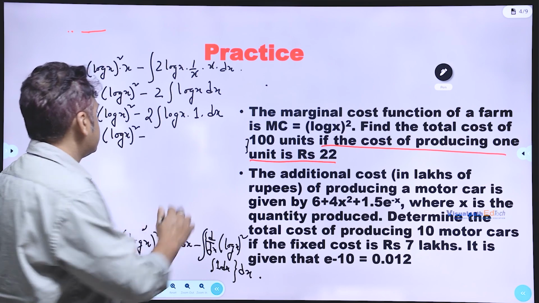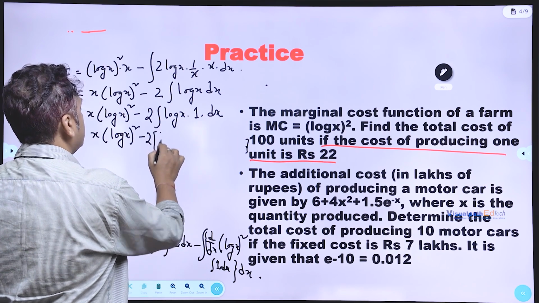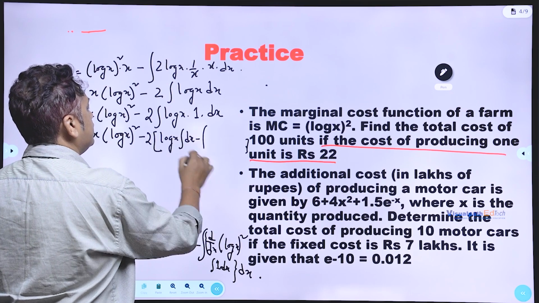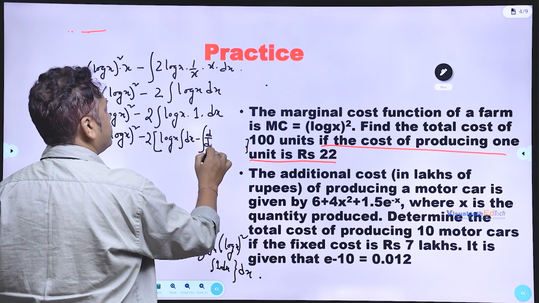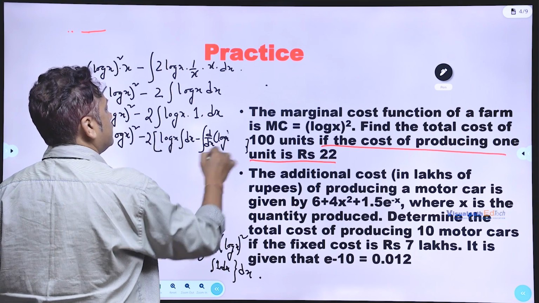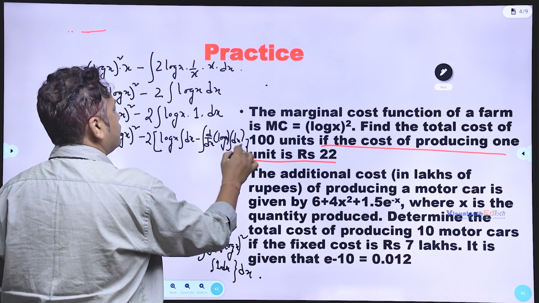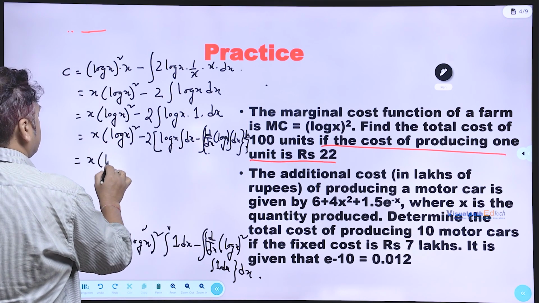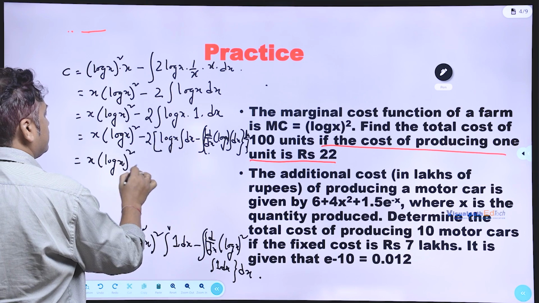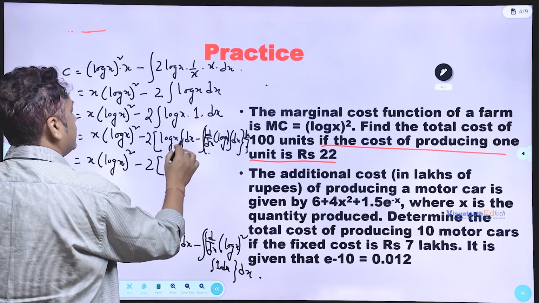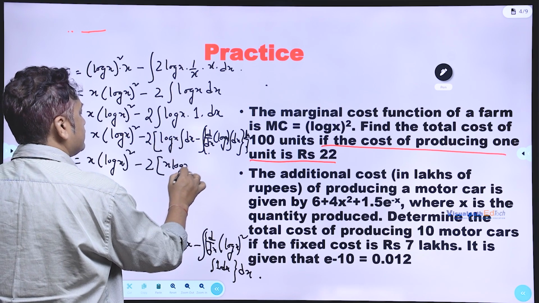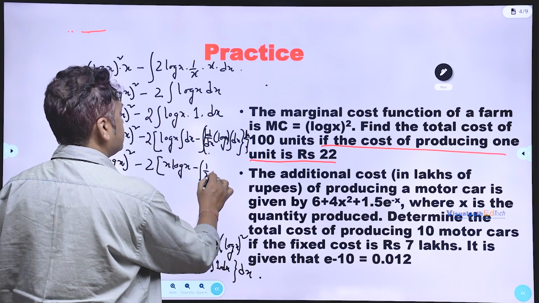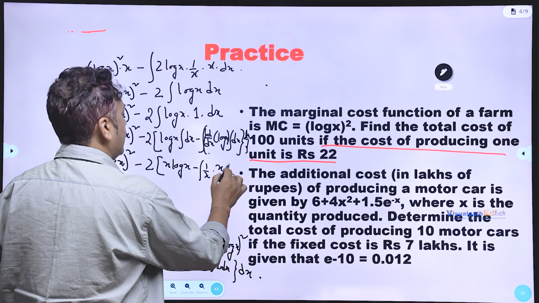First function, second function. So we'll write first function into integration of the second minus integral d/dx of first function into integration of the second, whole thing integration. So we'll get x log x whole square minus 2 into x log x minus, this will be integration d/dx of log x is 1 upon x into integration of dx is x, and then we have dx.